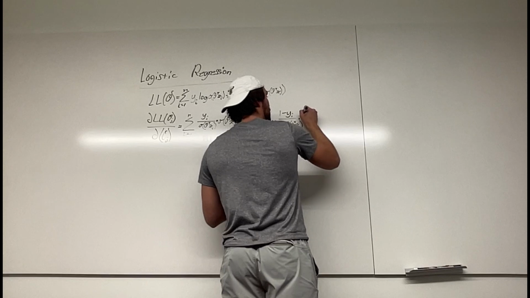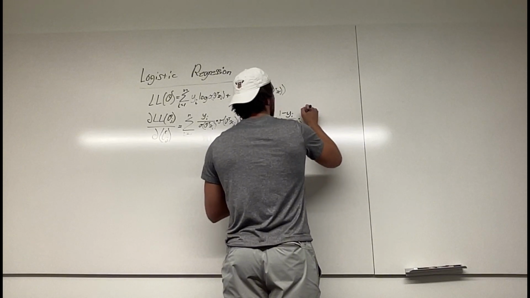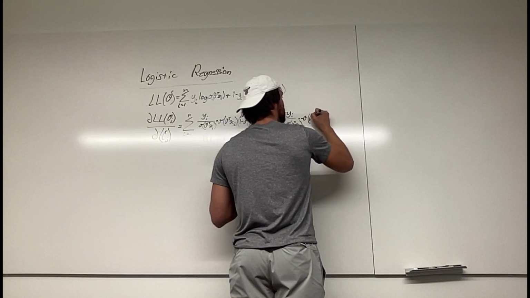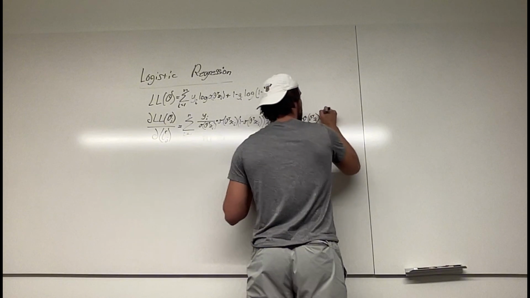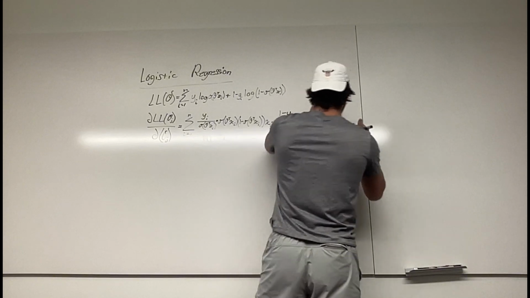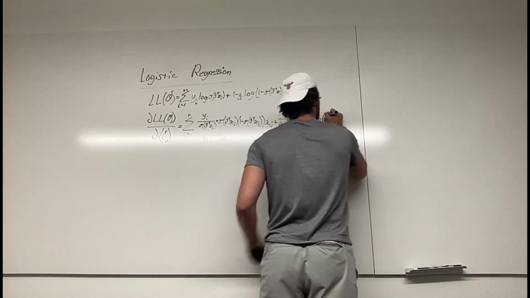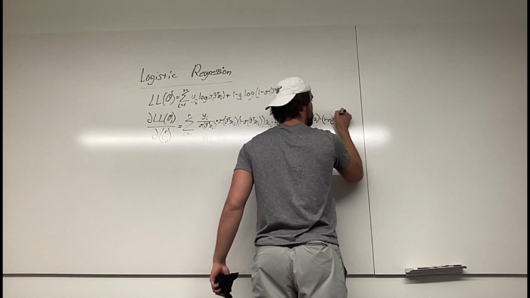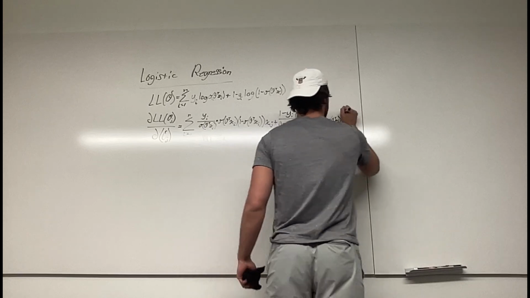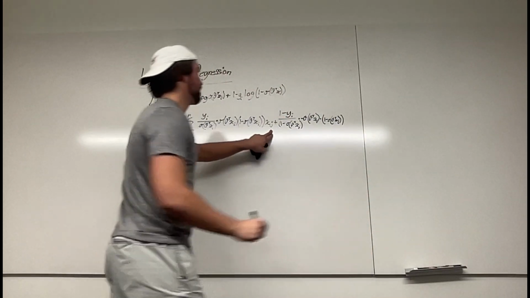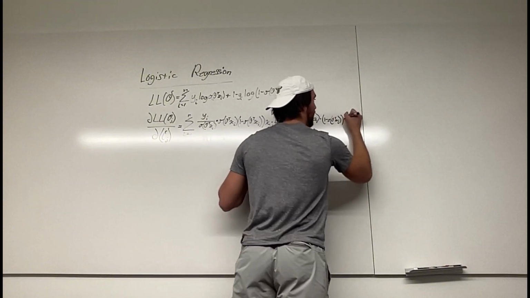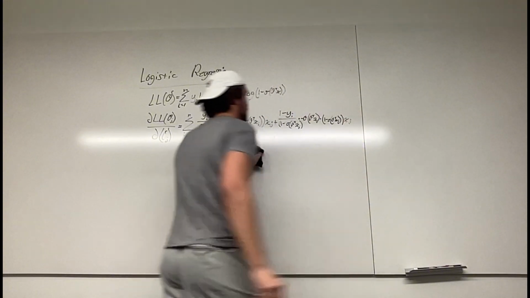Wait, we got negative theta transpose x times 1 minus theta transpose. My mistake. Let's put in 1 minus sigma of theta transpose xi in here. Make sure we got our subscripts right. And then what we said before, the final part of the chain rule, the inside term, is just going to be xj. Okay.